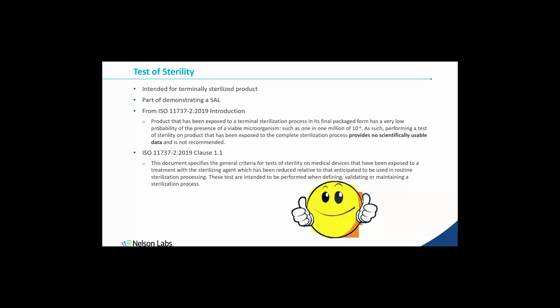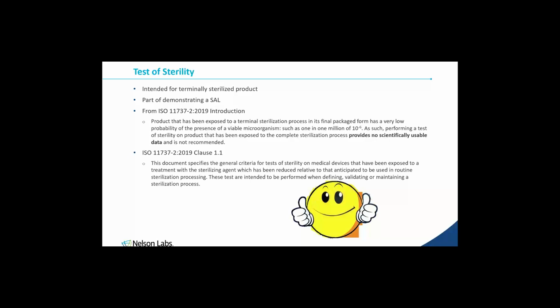So testing fully sterile product, no scientifically usable data really comes out of it. When we do a test of sterility, it's for product that's terminally sterilized, and it's really intended to be on product that is verification dosed, fractional cycled, your BIs, things of that nature, not fully exposed, fully dosed product.